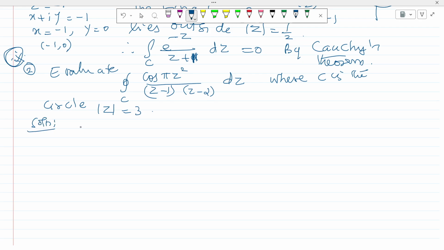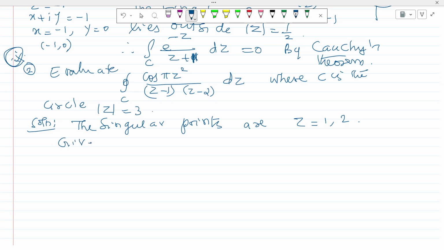Let the singular points be... what are the singular points here? In the denominator, z equal to 1 and z equal to 2 are there. These are the singular points.